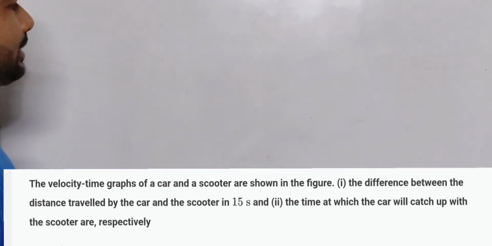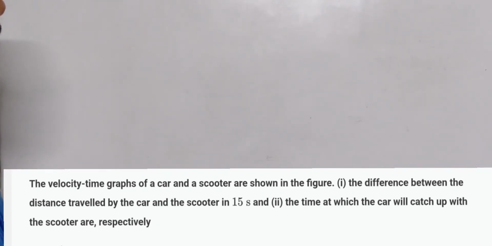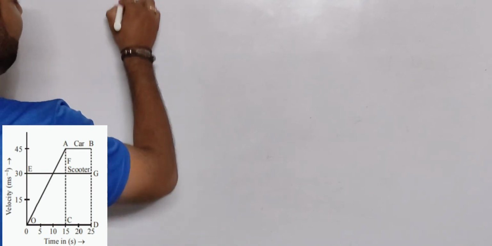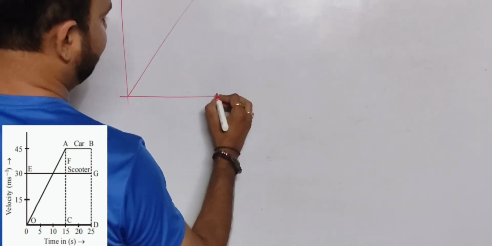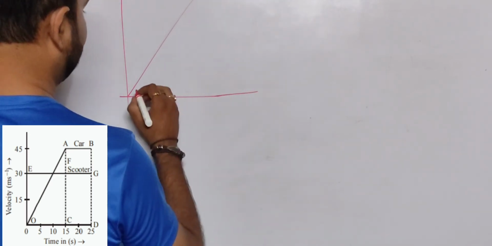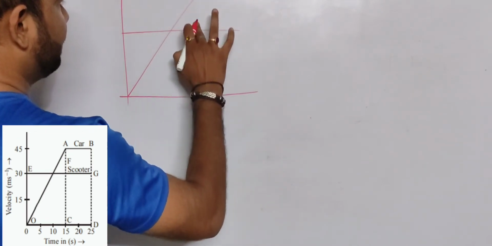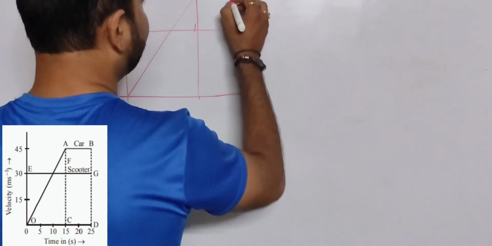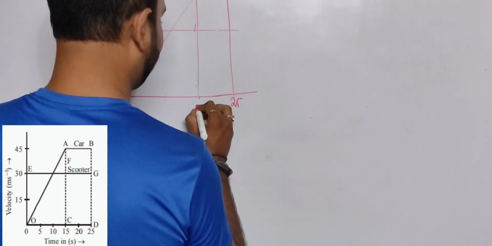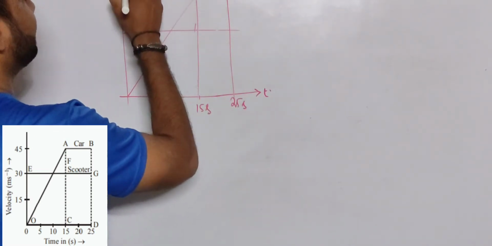So there is a graph of the scooter and the car. This is a velocity time graph, with marks at 15 seconds and 25 seconds.